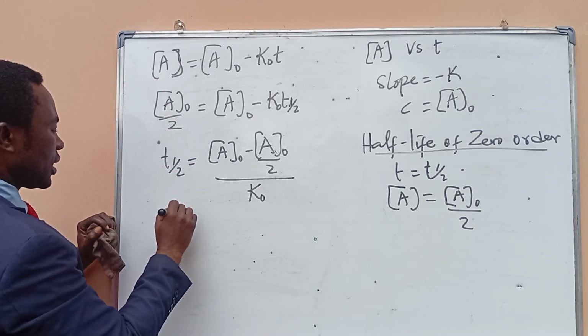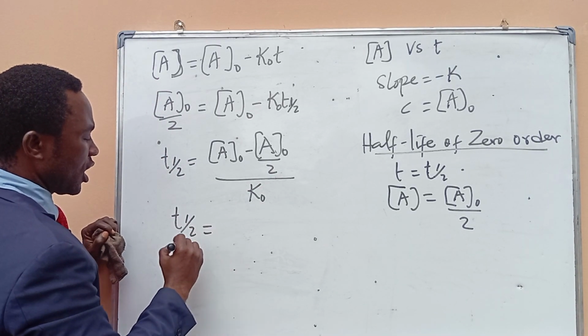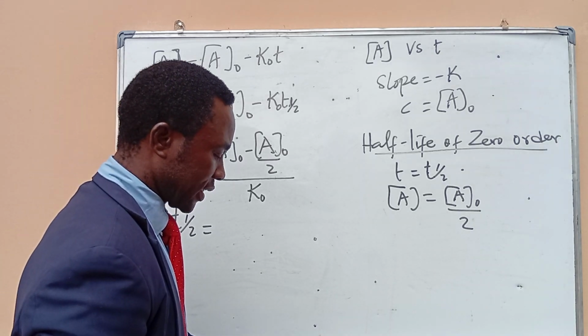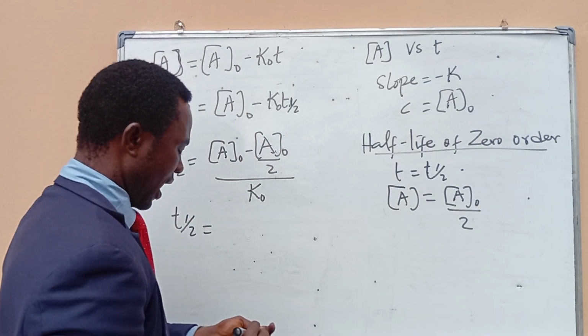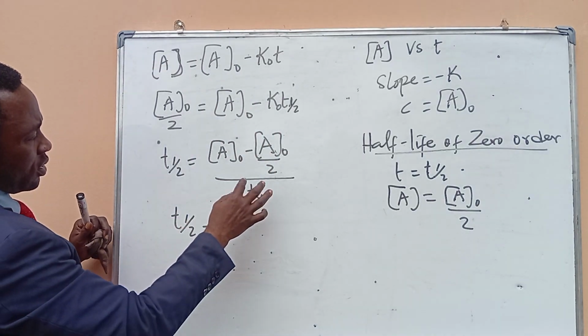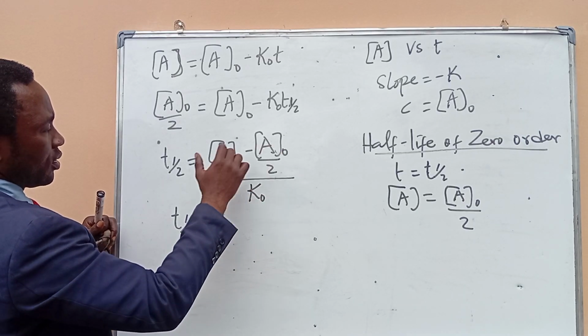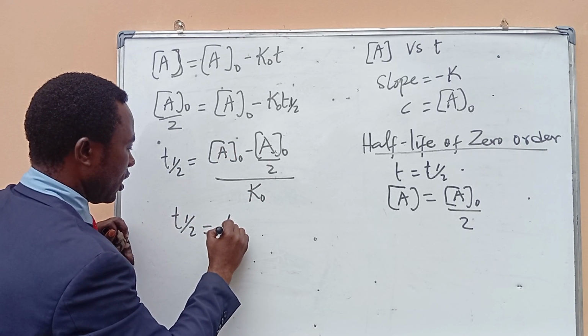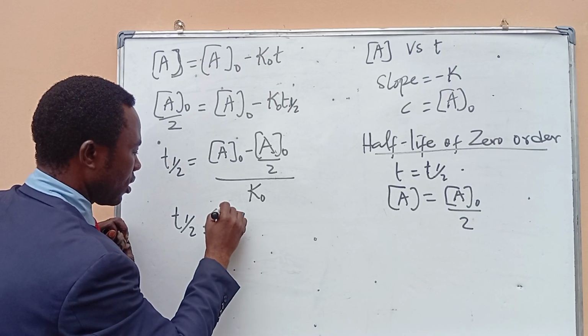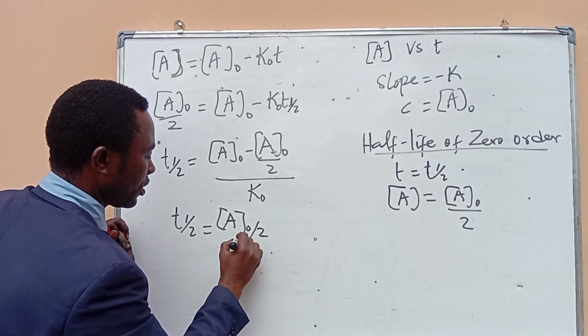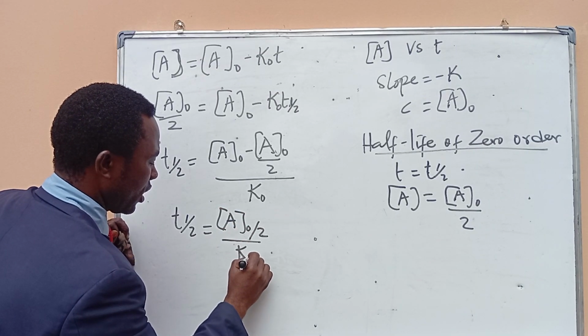So that means that T1/2, if we simplify mathematically, the half-life will be equal to, if you find the LCM, A0 over 2, then divided by K0.